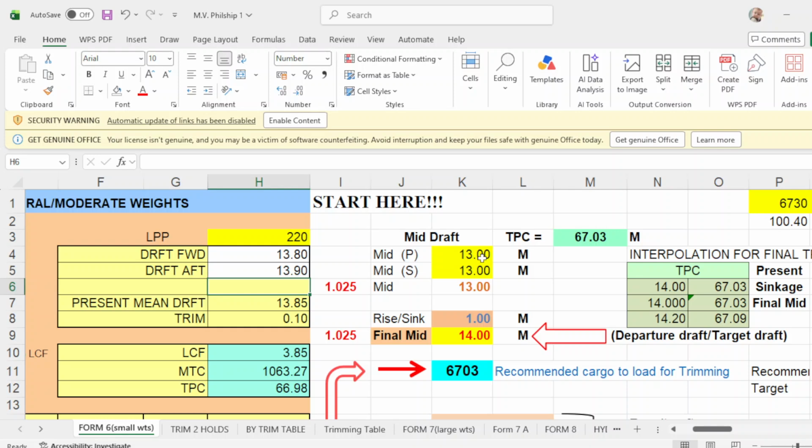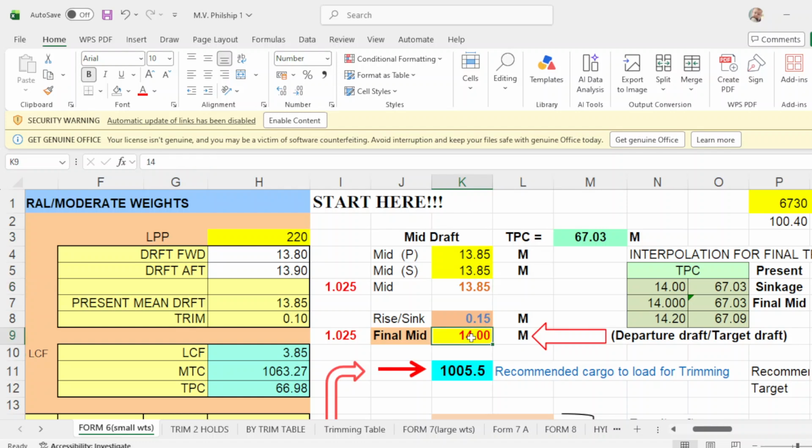Once they have completed reading and both agreed that mid-port is the same as your mid-draft, which is 13.85, put 13.85 here, and your mid-starboard is also the same, 13.85, meaning no list. And your departure draft or the tropical maximum draft is 14.18.